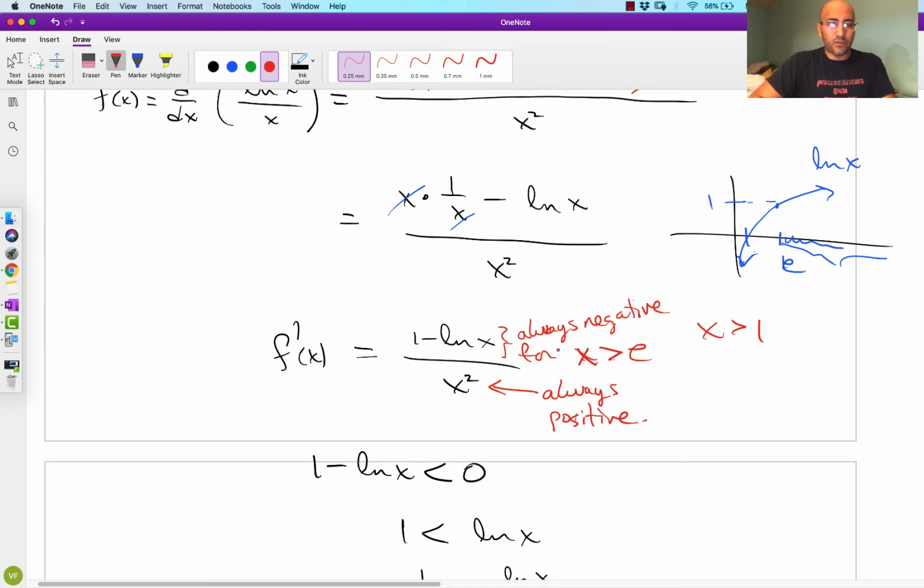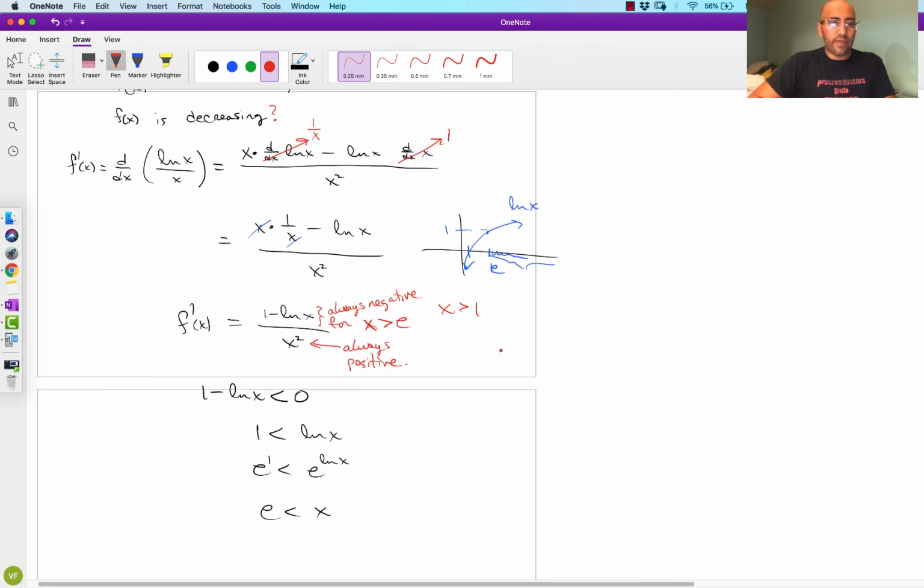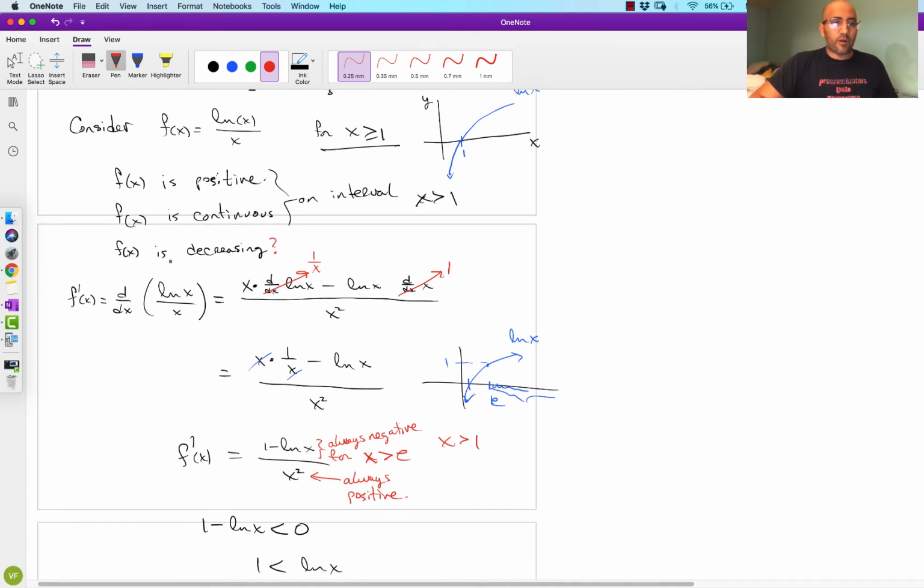Just to finish off this thought, by taking the derivative and showing it is negative starting at e forward, we've established that the original function is decreasing. Now this is no longer a question mark. Now we've shown that yes, f of x is decreasing because its derivative is negative for x being greater than e.